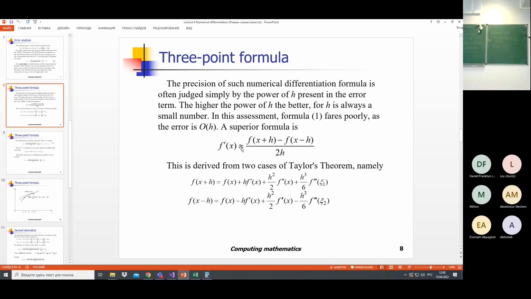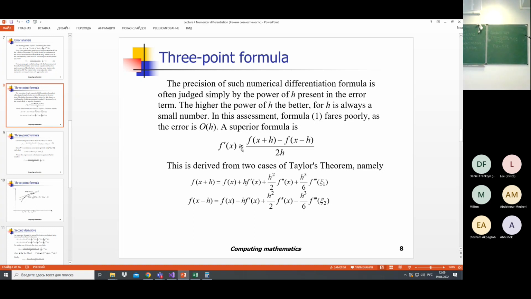We took a large step and got a very large error, and this formula gives us a small error. It's a very good formula. It gives us a more correct value in comparison with the previous one.